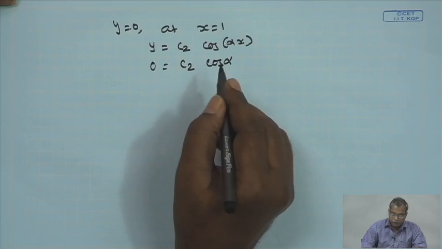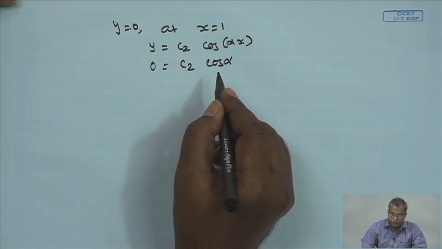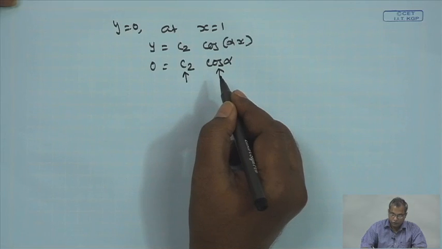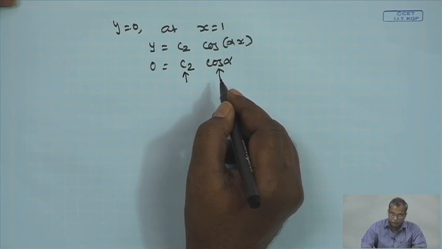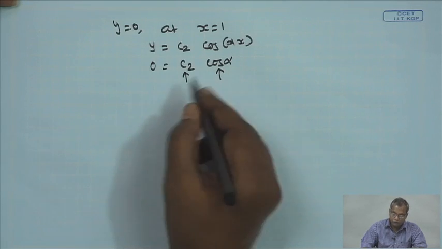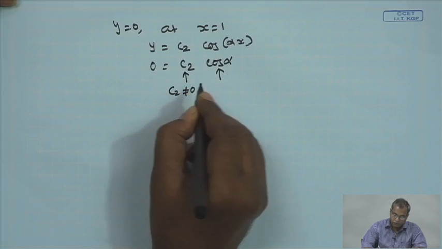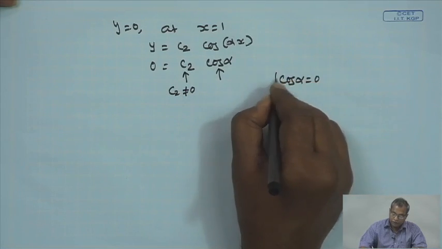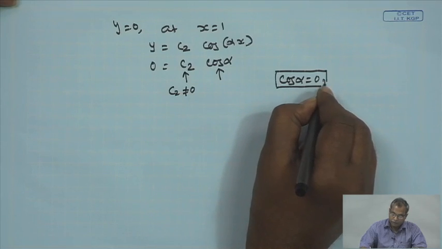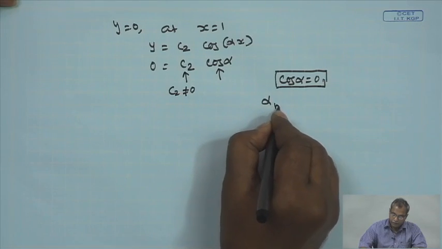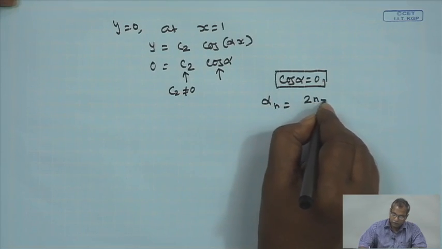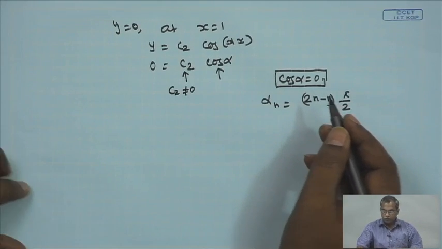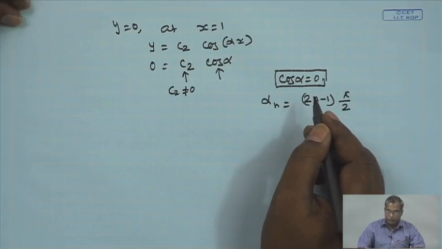Now, there are two options, as we discussed earlier: either c2 equal to 0 or cos alpha equal to 0. If c2 is equal to 0, we again get a trivial solution. So, c2 is not equal to 0, and the option left is cosine alpha equal to 0. What is the general solution of cosine alpha equal to 0? Alpha n is equal to 2n minus 1 pi by 2. These are the roots where cosine alpha equals 0.